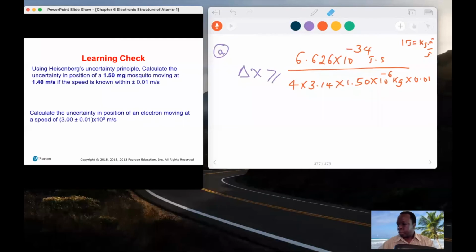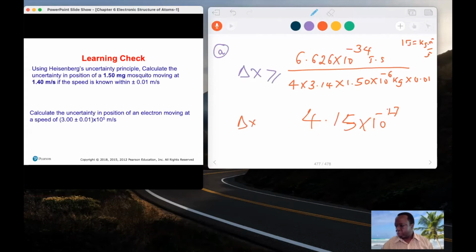So I get 4.4 times 10 to negative 27. So you plug in the calculator and get that the change in position is greater than or equal to 4.something times 10 to negative 27.